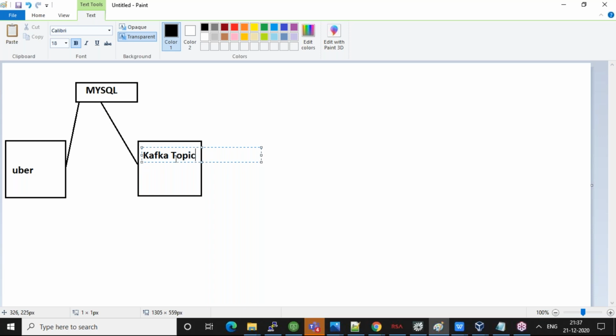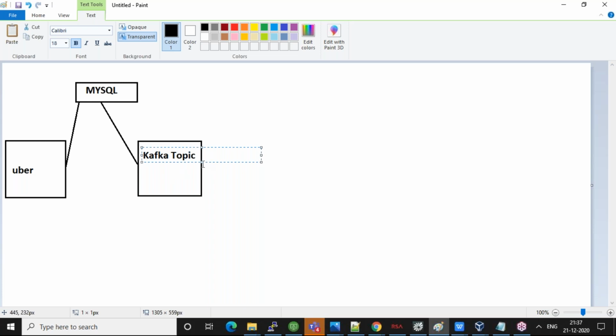Here we need to create the Kafka topics. Every time data is stored, it is immediately reflected in the Kafka topics. We maintain lots of topics, for example 5 to 6 topics. In this Uber data, we maintain lots of tables, and for each and every table there is one topic.